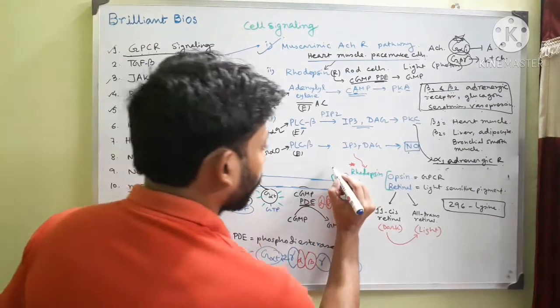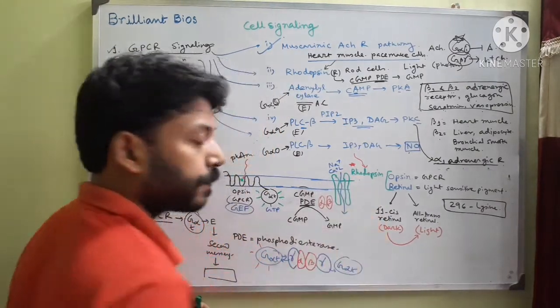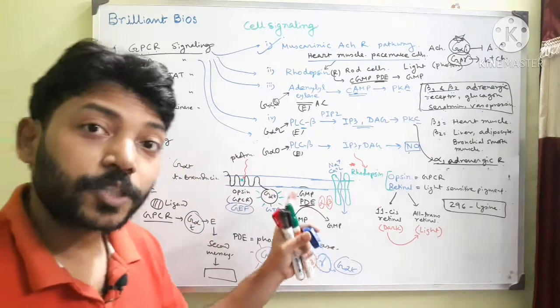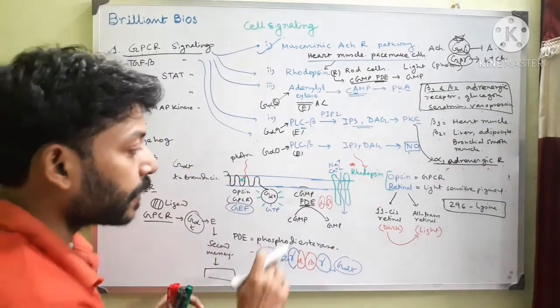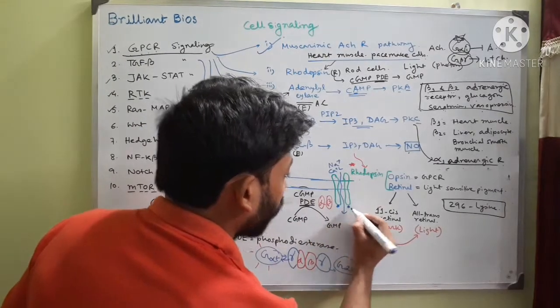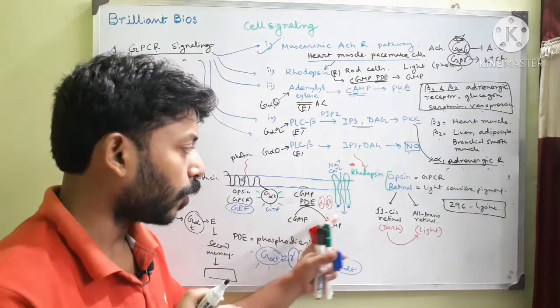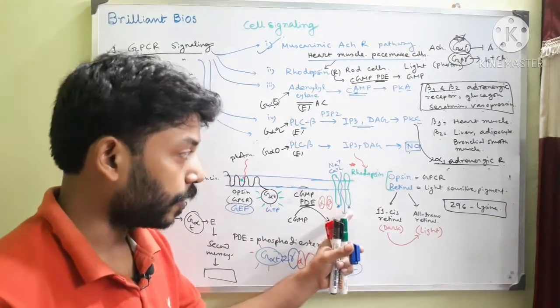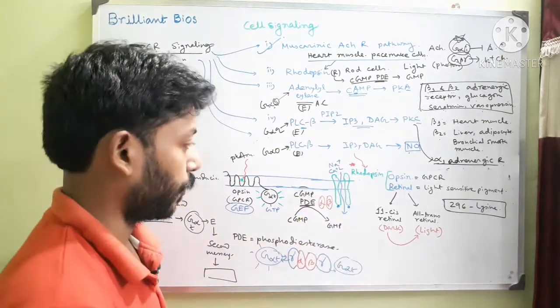This channel can be in closed and open conformations. When at least 3 to 4 cGMP molecules bind with this channel, then the channel becomes open.